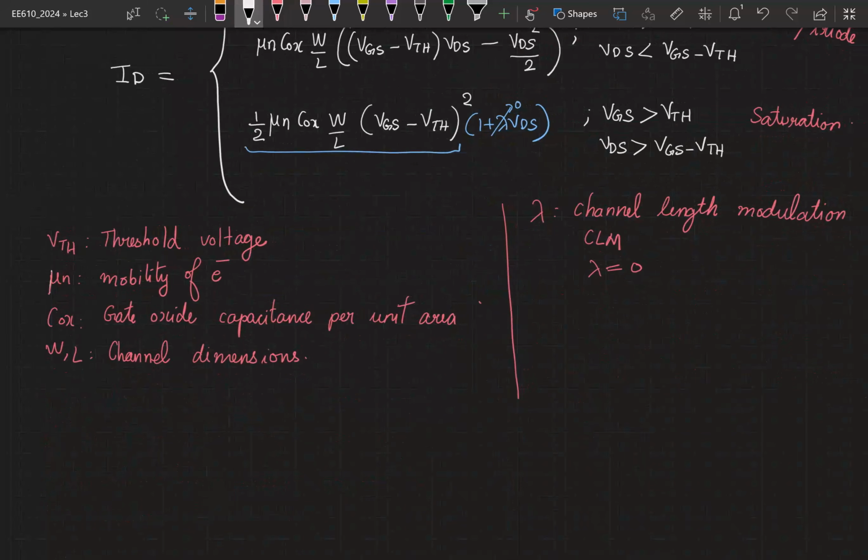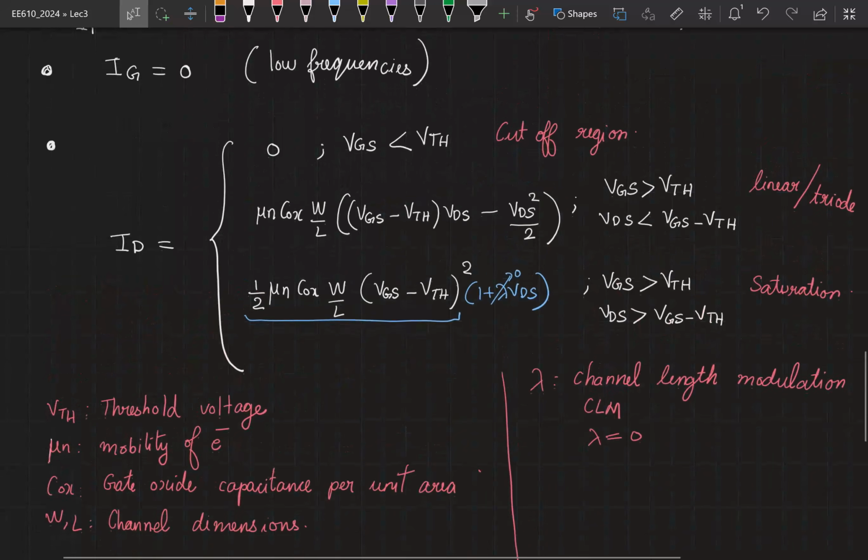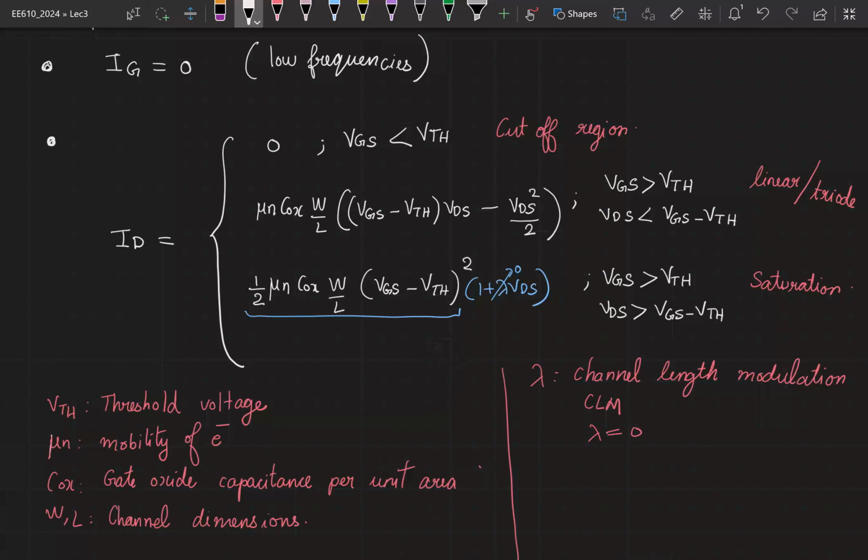So for this factor, mu n COX into W by L, quickly tell me the dimension of this factor. Ampere per volt square, right? Is that obvious to you? On LHS you have ampere, which means this whole term has to have the dimension of ampere. Now this portion has the dimension of volt square.